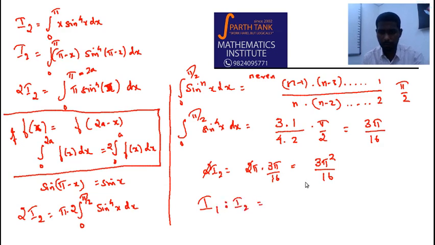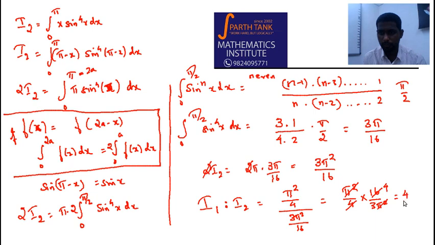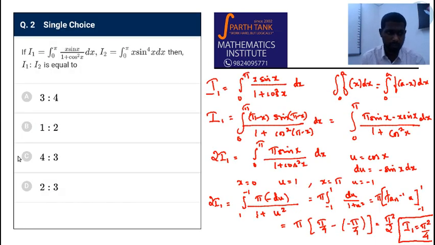We found I1 is pi squared upon 4 by I2 is 3 pi squared upon 16. Now this becomes pi squared by 4 into 16 by 3 pi squared. Pi squared is gone, this is gone. So 4 upon 3. So I1 is to I2 is 4 upon 3, which is option C, 4 upon 3.